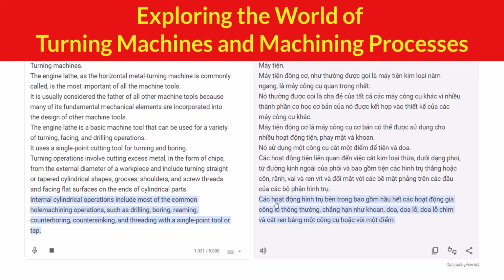Internal cylindrical operations include most of the common hole machining operations, such as drilling, boring, reaming, counterboring, countersinking, and threading with a single-point tool or tap.